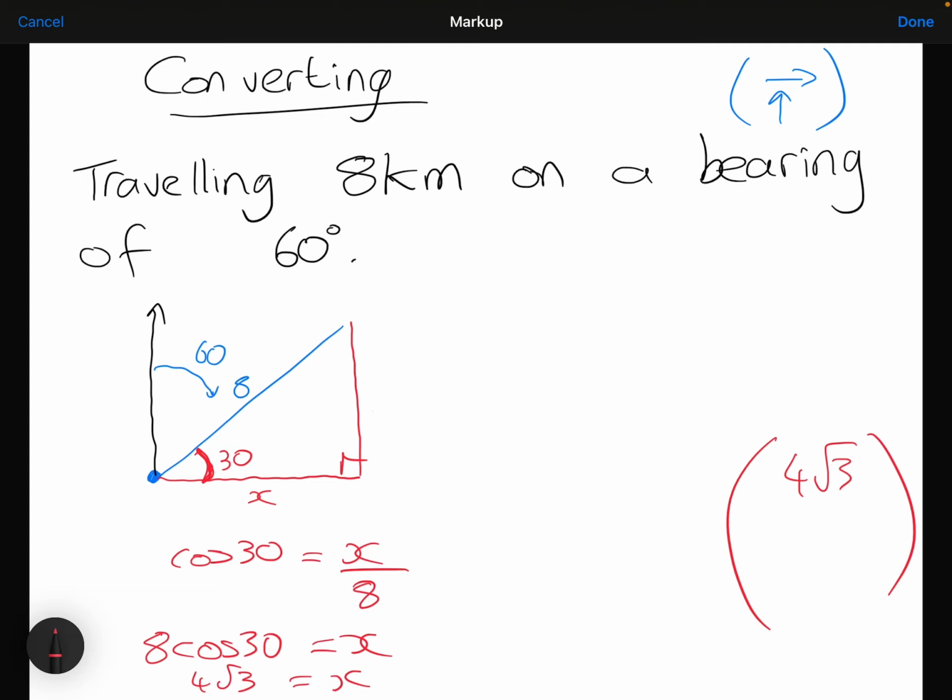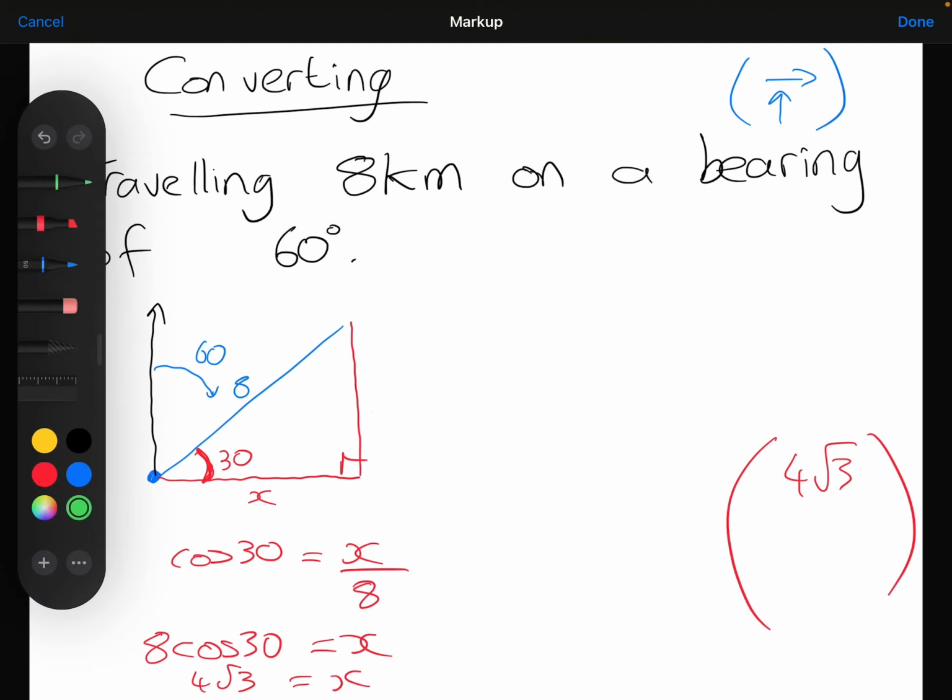So that's the top number in my column vector. Now, to work out the y, that is opposite my angle, so that will be sine 30 equals y divided by 8. And if I multiply both sides by 8, 8 times sine 30 equals y, so I get 4.